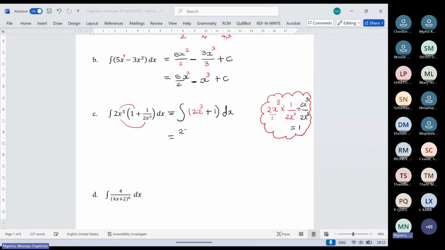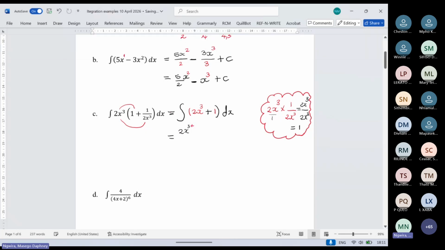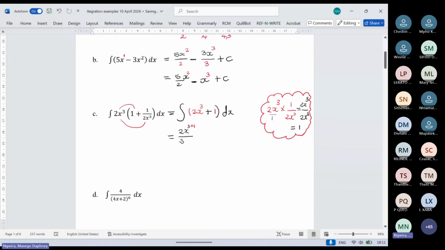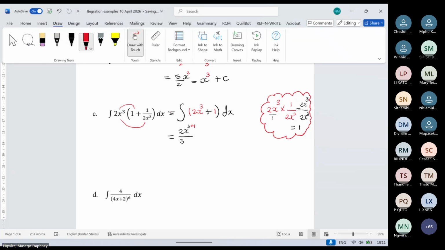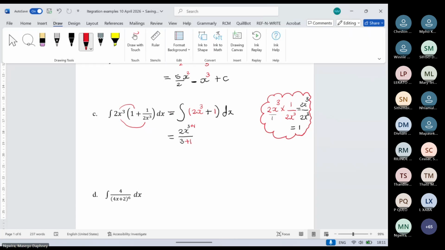So this will be 2x to the power of 3 plus 1. You always add 1 when you integrate. Plus 1. Then this is over 3 plus 1. And then I say plus.